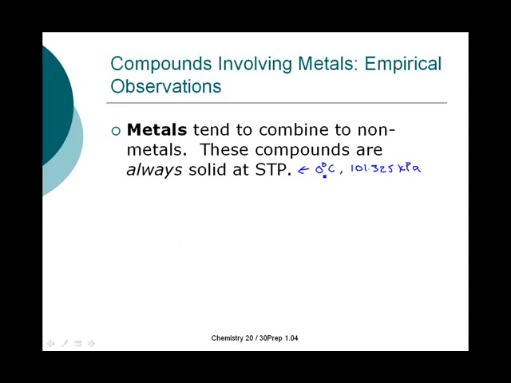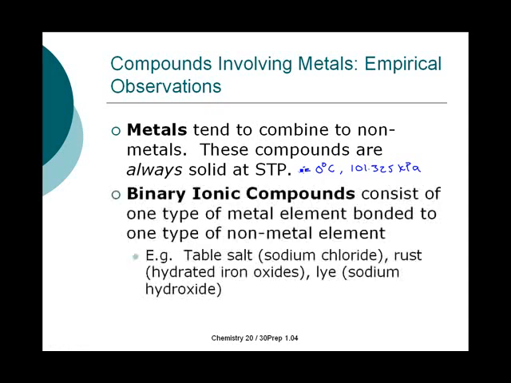This is just a set of conditions that compounds can be put at and compared. So when all these compounds are put at 0 degrees Celsius, under the exact same pressure, these compounds that contain a metal and a non-metal are always solid at this temperature and pressure.